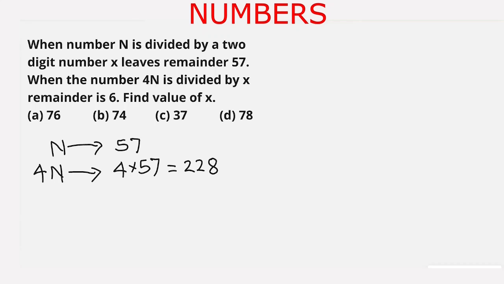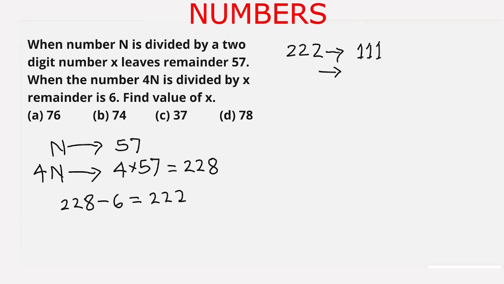It means that 228 minus 6 is 222, which is completely divisible by x. Then the value of x must be a factor of 222 and that factor must be greater than 57 as divisor cannot be less than remainder. 222 has factors 111, 74 and 37.